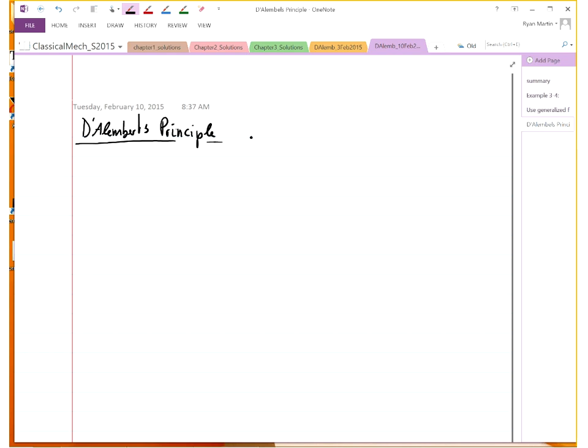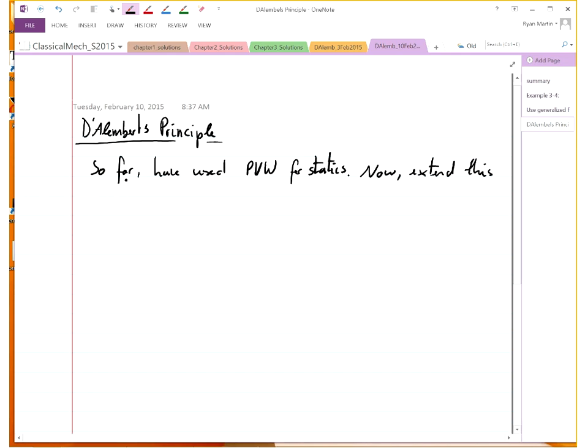So far we've used the principle of virtual work to handle statics, right? What we want to do now is extend this method to dynamics.